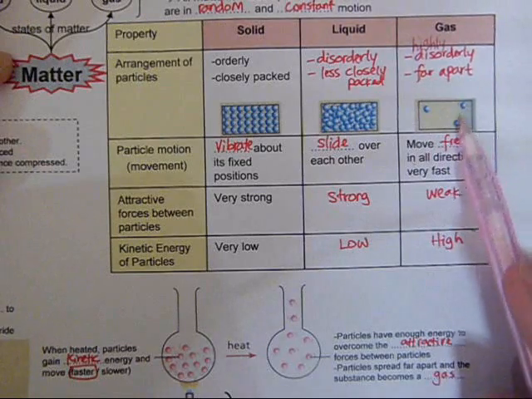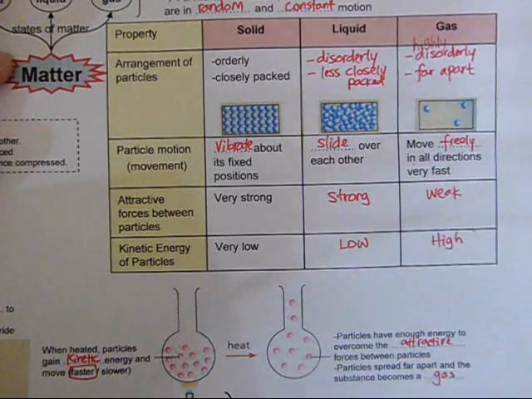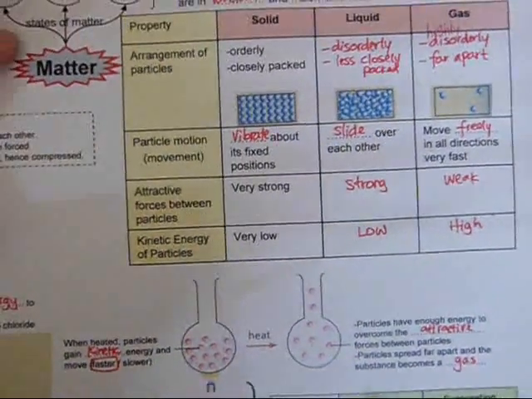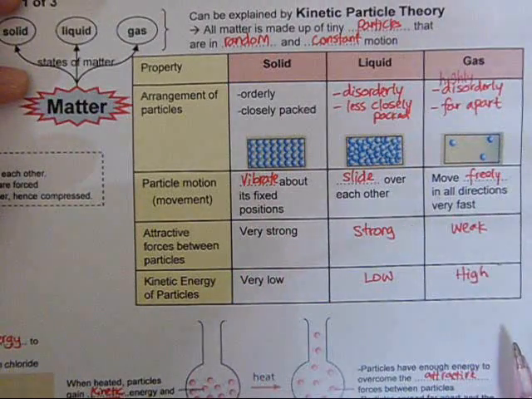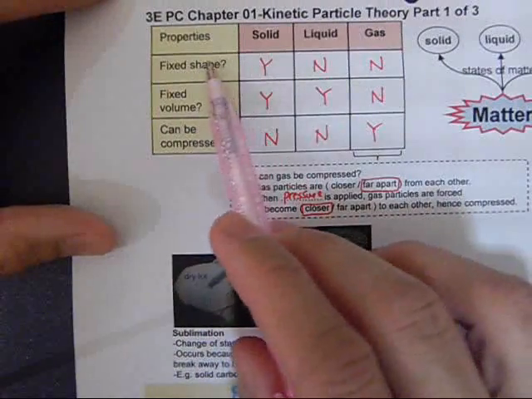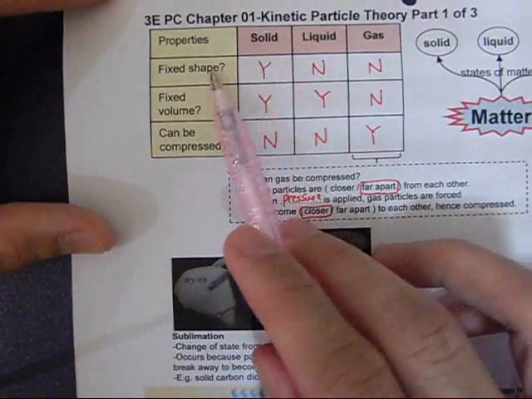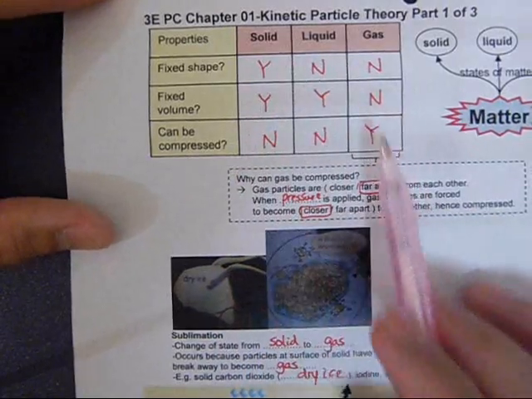So the forces that attract them together are very weak. Okay, so this table is extremely important. You have to memorize the keywords. Now let's go on to this, whether the states of matter have a fixed shape, fixed volume, or can be compressed. This one should not be a problem.